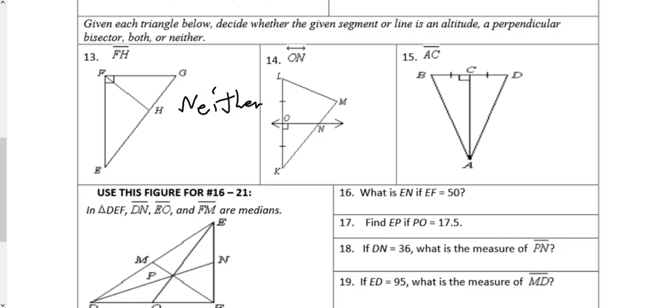ON. ON splits LK into two equal pieces, LO and OK. And NOL and NOK are 90-degree angles, so therefore it is a perpendicular bisector.